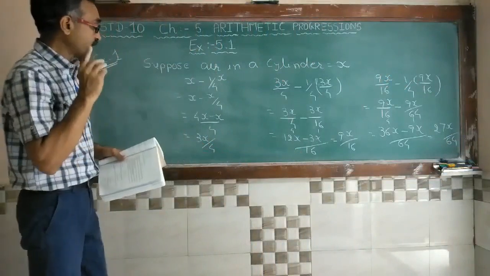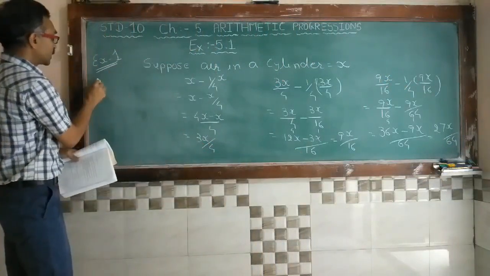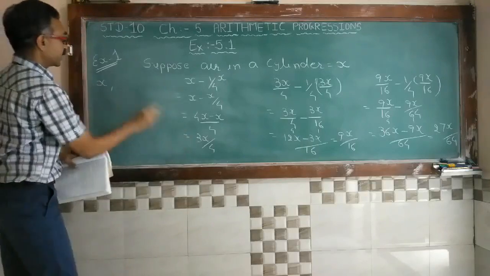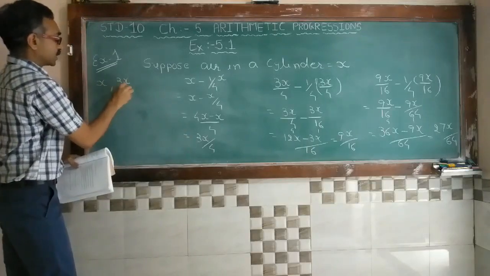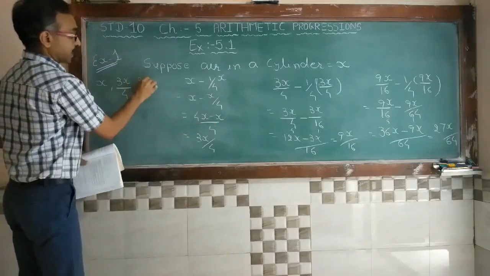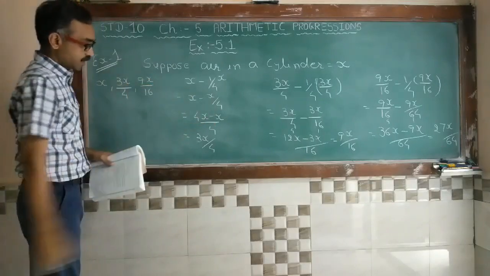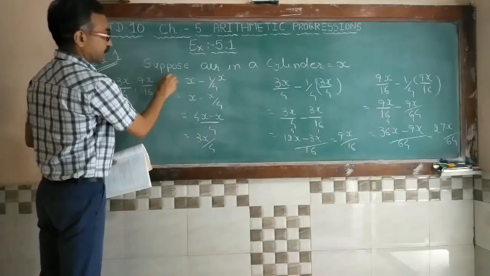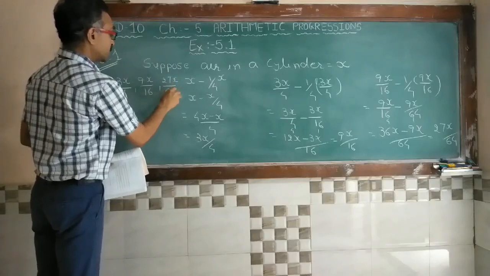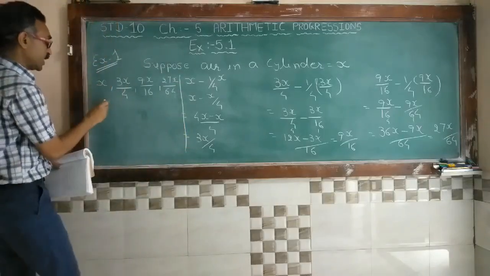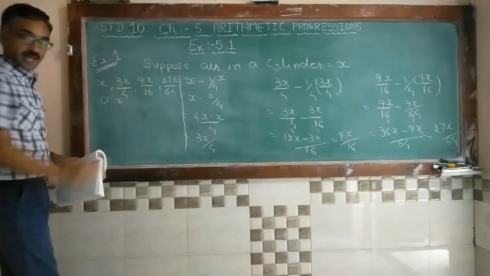Now see here. What is the AP? The AP is x, then 3x divided by 4, then 9x divided by 16, then 27x divided by 64. Okay, so A is equal to x.